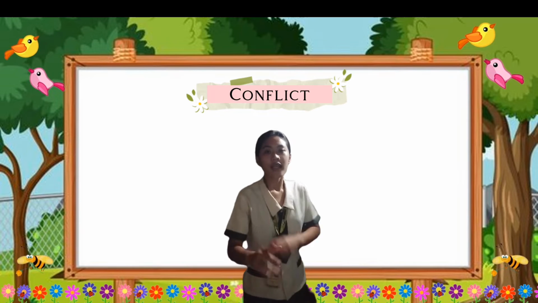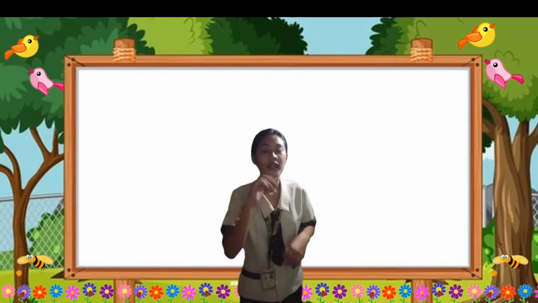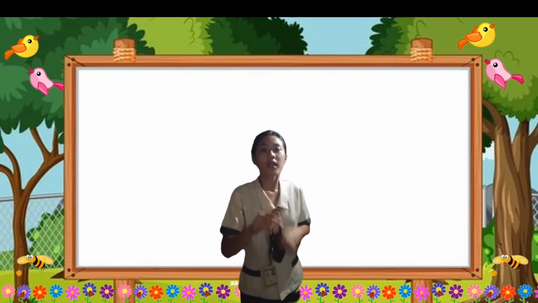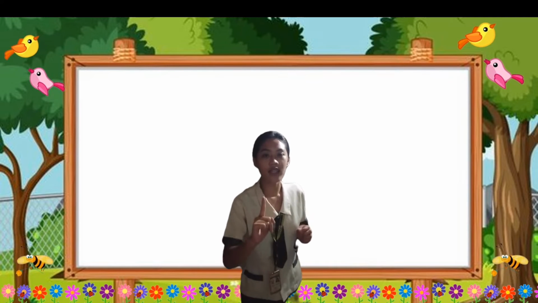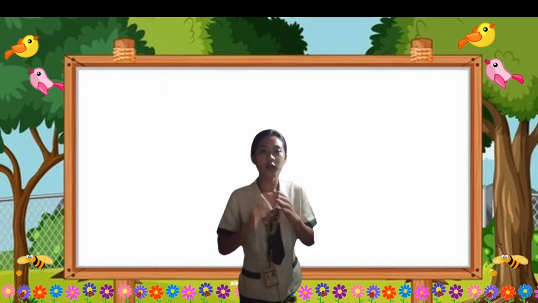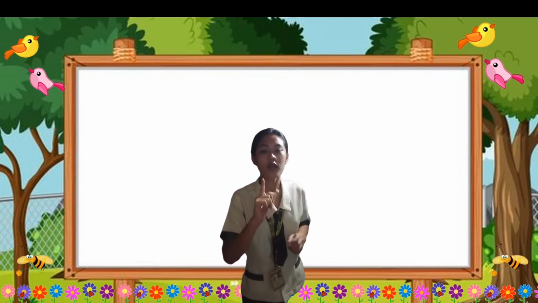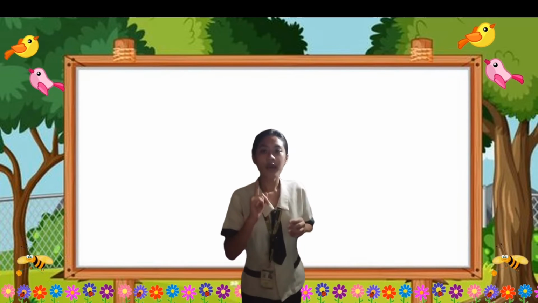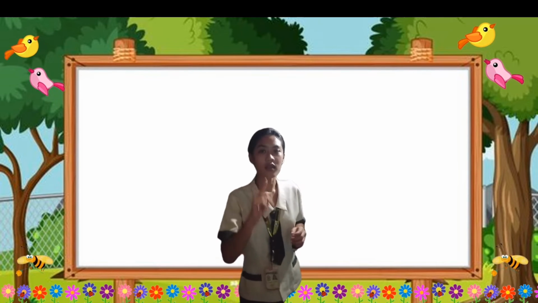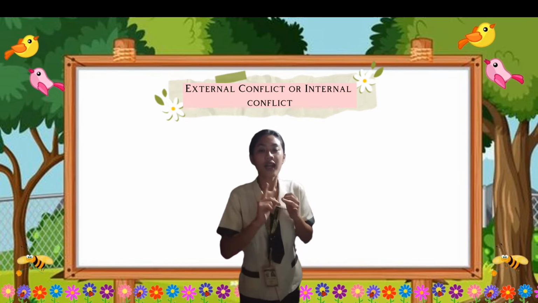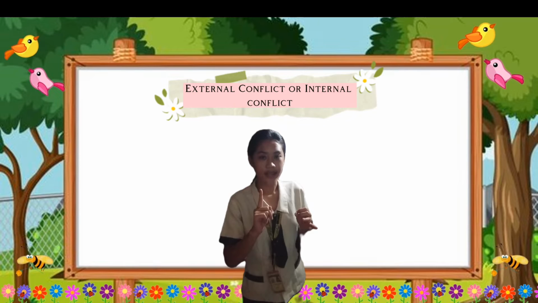Next is the conflict. A conflict is a problem in a story that needs to be resolved. In literature and film, conflict is a clash between two opposing forces that creates the narrative thread for a story. Conflict occurs when the main character struggles with either an external conflict or an internal conflict.